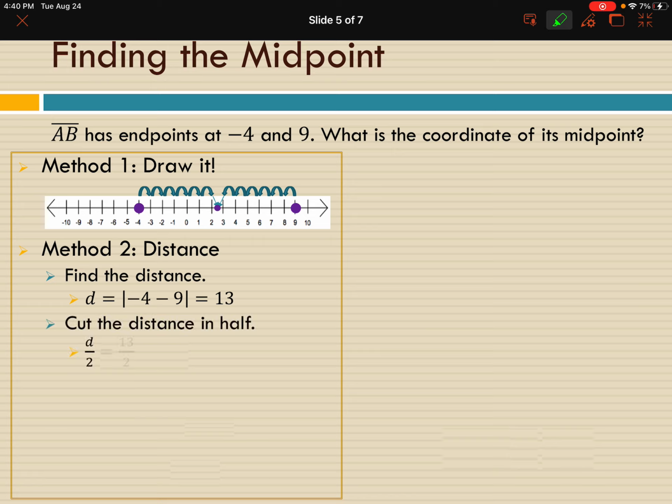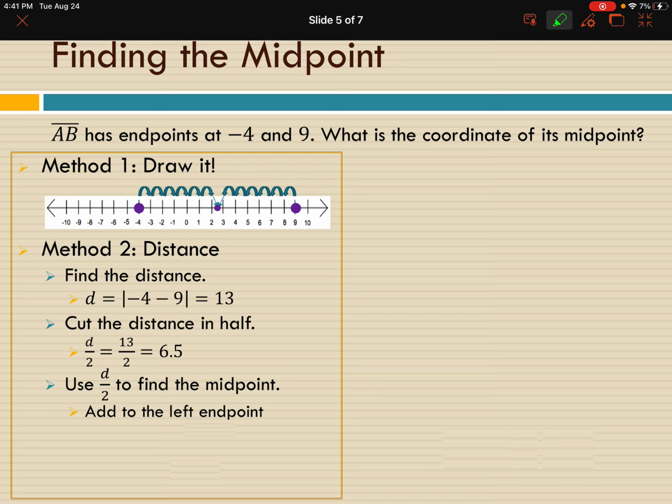This d over 2 is 13 over 2, 6.5. Step number 3 is to use that half distance to find the midpoint. So from the left, we're going to add 6.5, which gives us 2.5. And then from the right, we subtract 6.5, and that gives us that same thing, okay? That right there, that 2.5, that's our midpoint, okay?